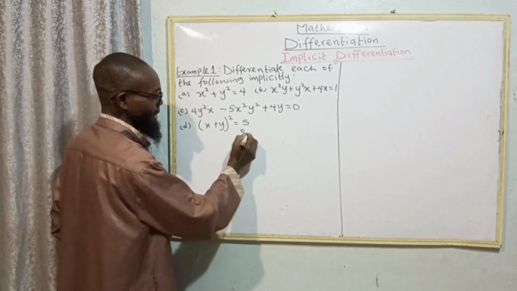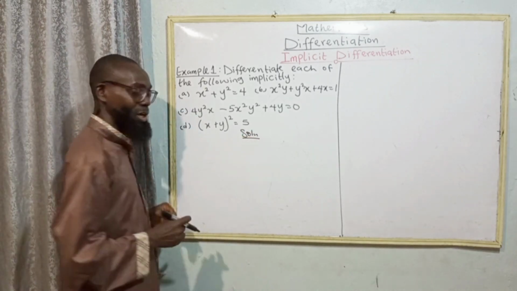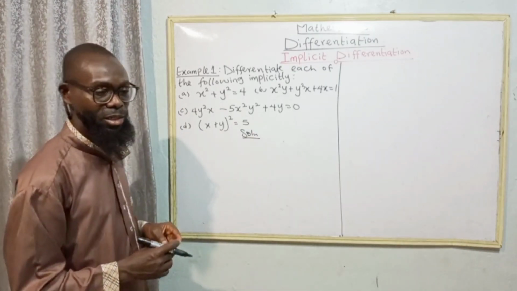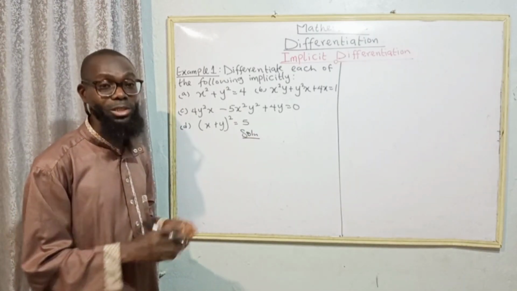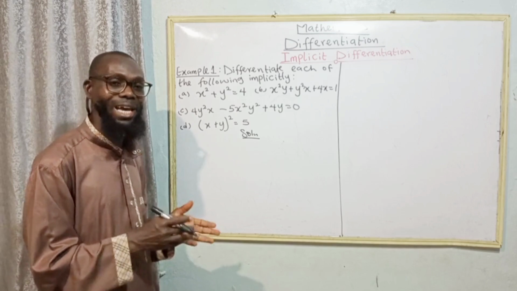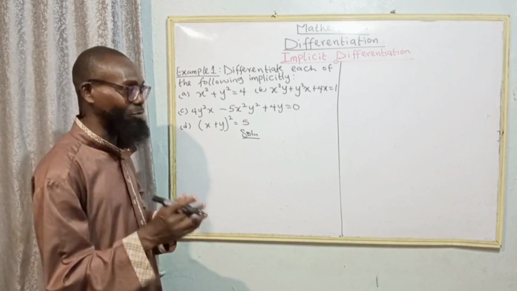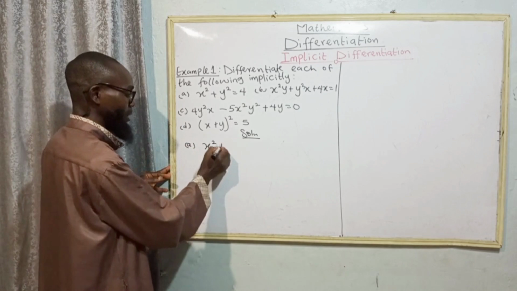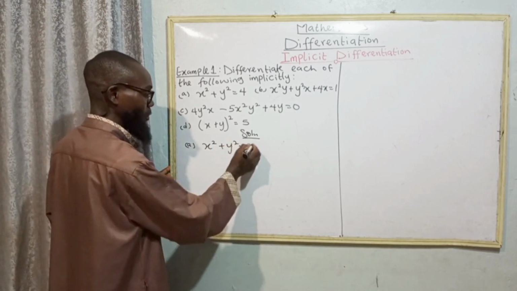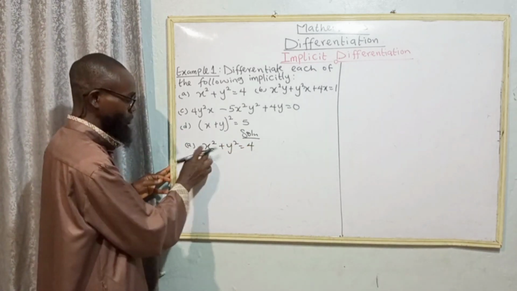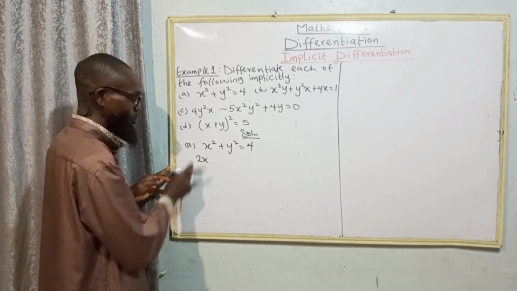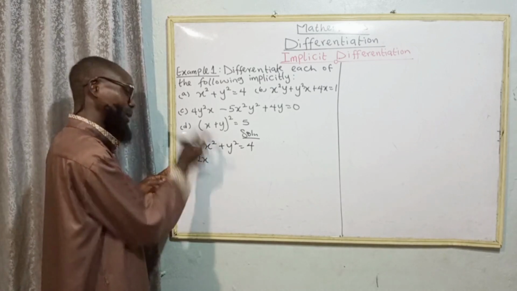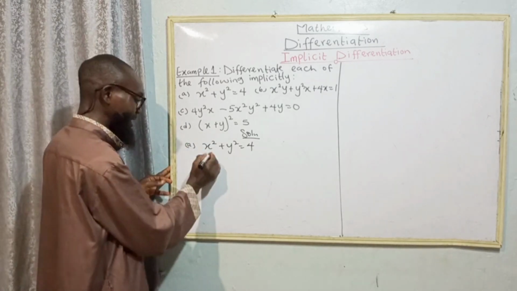It's just a simple logic. Anytime you are differentiating a function, you have to put the dy/dx for the y, and for the x, the dx/dx. Let's say, for instance, the first one, we have x squared plus y squared is equal to 4. When you differentiate this one, we have 2x, it means you are differentiating x with respect to x.